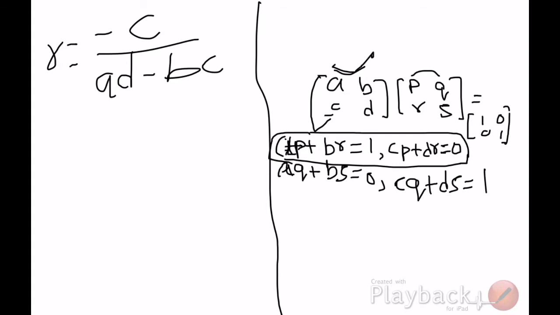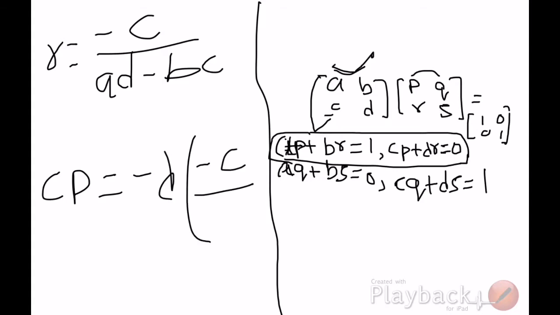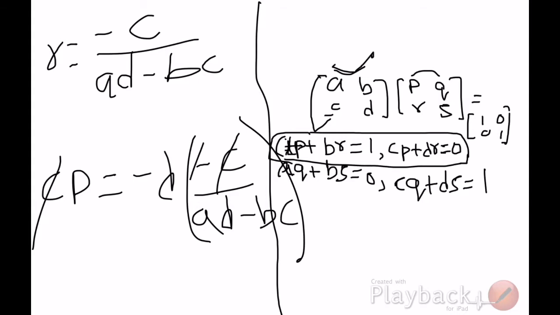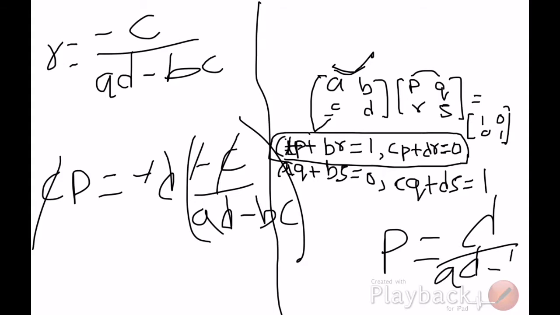So just substitute the value, and say CP equals negative DR, which is negative D times negative C over AD minus BC, right? Am I right? Yes, you are. So you can just cancel the C's out here, and then the negatives. P is equal to D over AD minus BC.